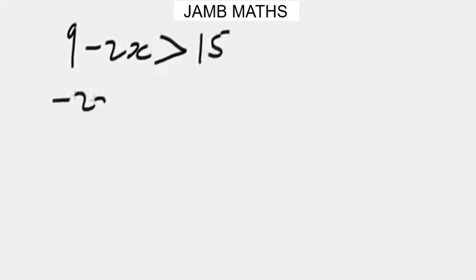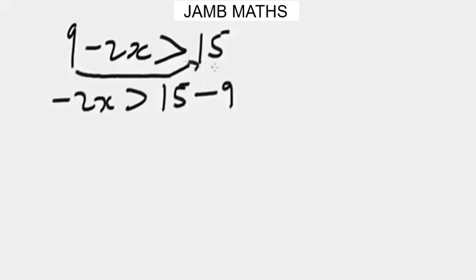Let's wipe this. Okay, what if you are given this example? We have 9 minus 2x is greater than 15. To solve this, -2x will be greater than 15 minus 9, because this plus 9 crosses the inequality sign and changes to negative. Right, so we're going to have -2x greater than 15 minus 9, which gives us 6.